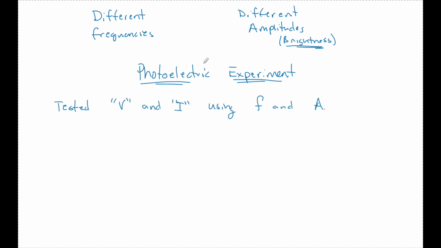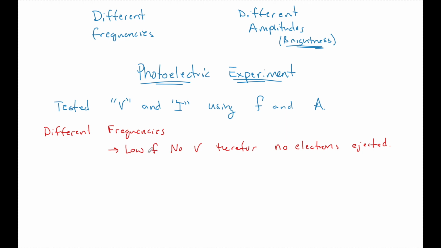So first, what did the photoelectric experiment tell us about different frequencies? Well, it said at low frequencies, there was no V. Therefore, there were no electrons ejected. So essentially, if I had a frequency that was under the work function, there would be no ion created. But as we increased f, as f went up, energy emitted went up after I went above and beyond the work function.